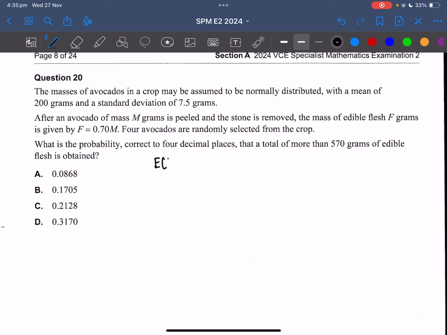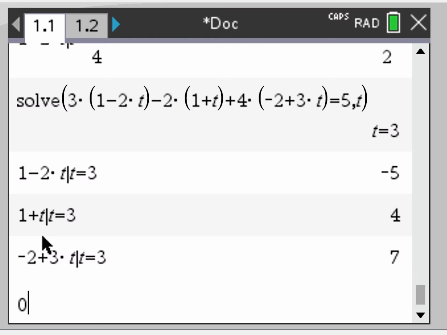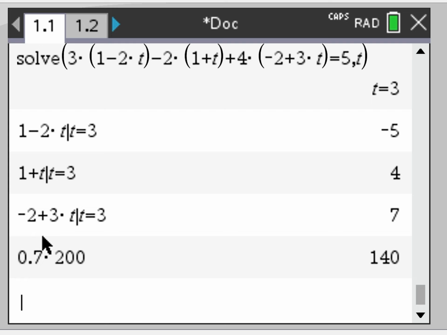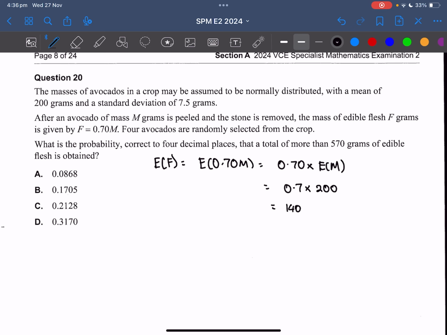Okay, so let us find the mean first. So E of F, which is the same as E of 0.7 m, which is 0.7 times E of m, which equals 0.7 times 200, and that is 140.